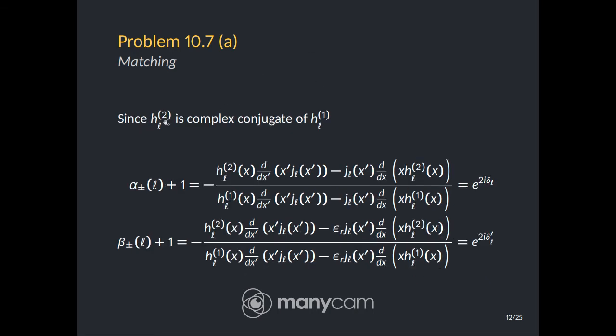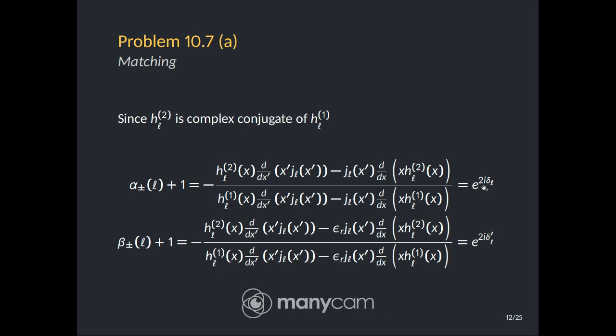Since h2 is the complex conjugate of h1, alpha and beta plus 1 is just equal to a complex number with unit magnitude.